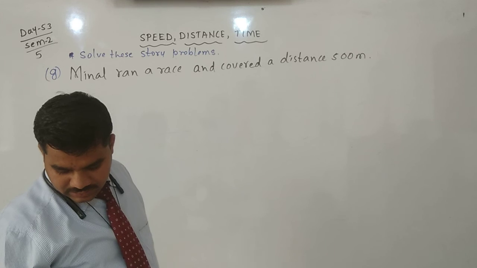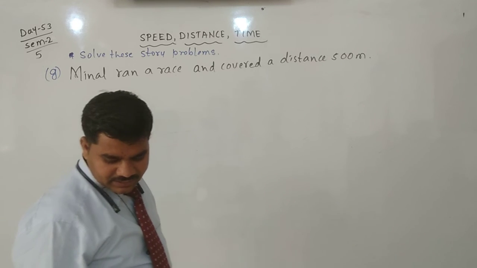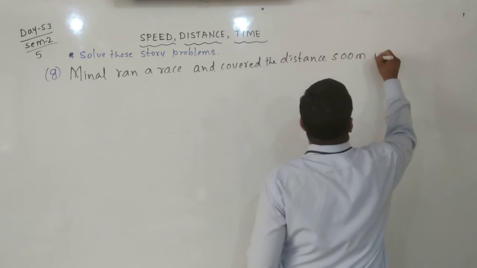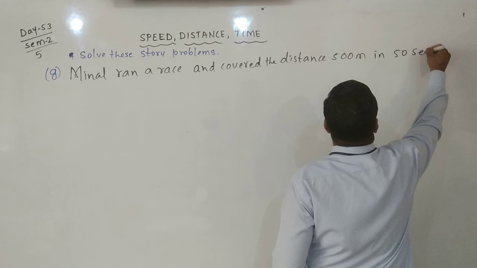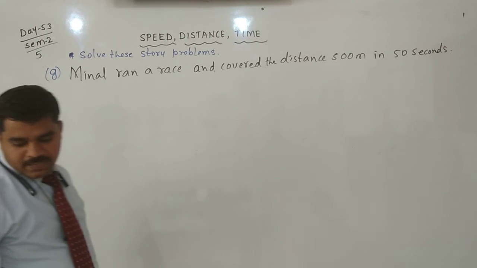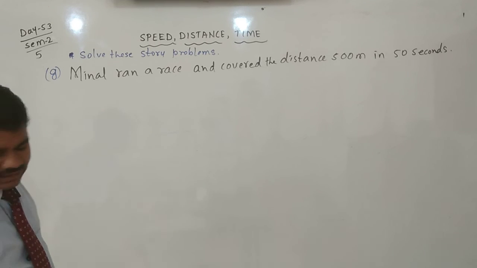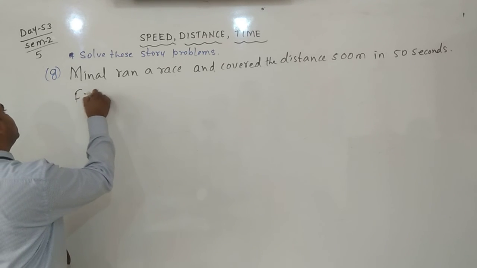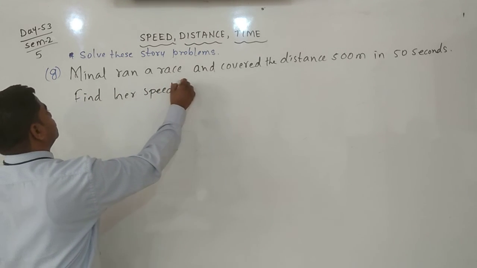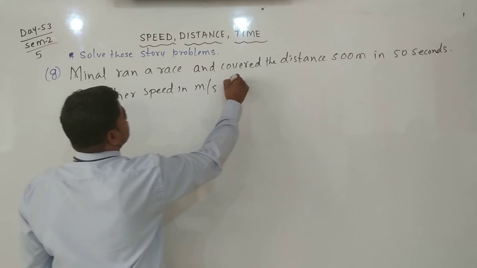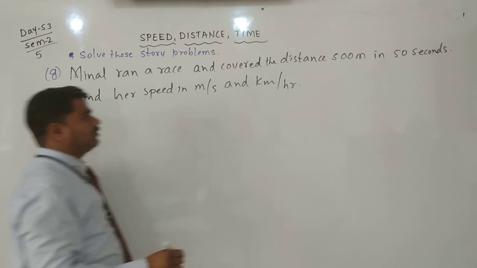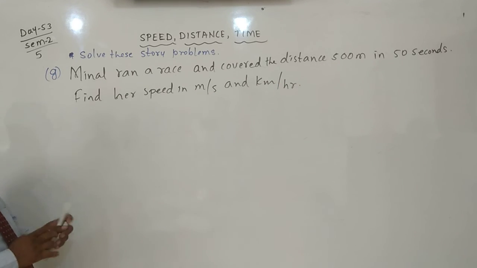He ran and covered the distance of 500 meters in 50 seconds. You should find her speed in meter per second and kilometer per hour. Both you calculate, like the previous example.